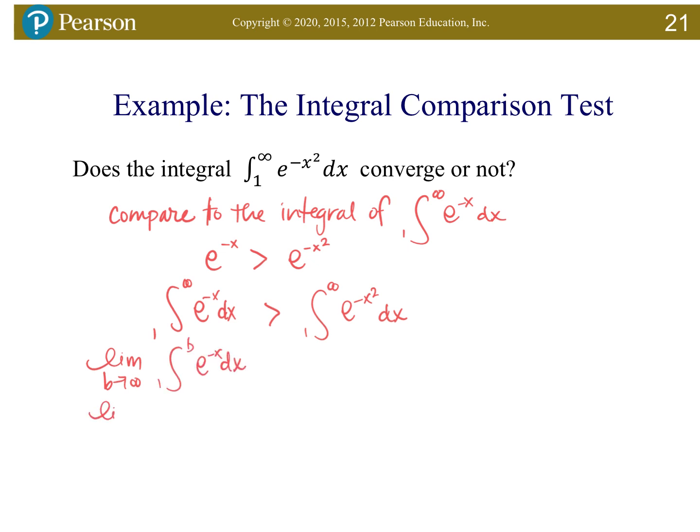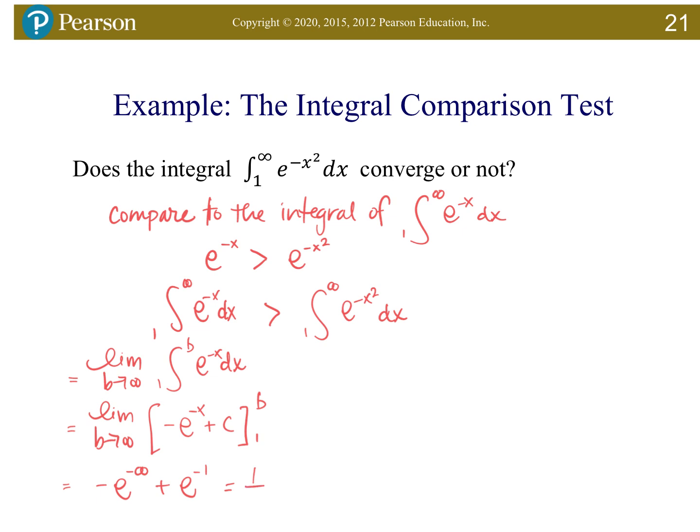So that's going to be the antiderivative of negative e to the negative x plus c going from 1 to b. That one's going to be negative e to the negative infinity plus e to the negative 1, which is equal to what value?